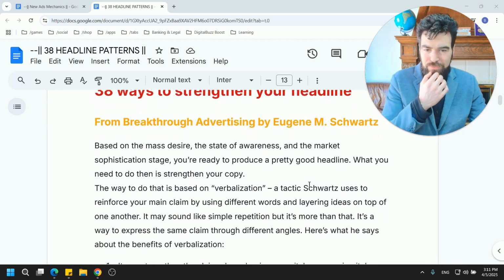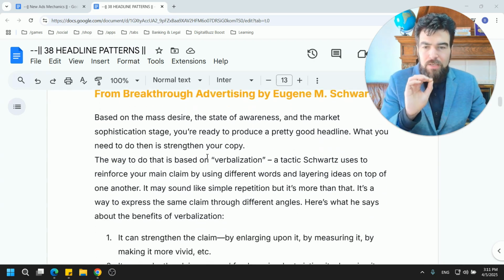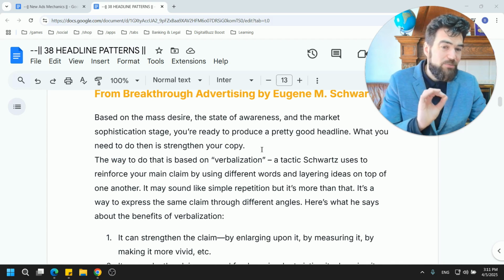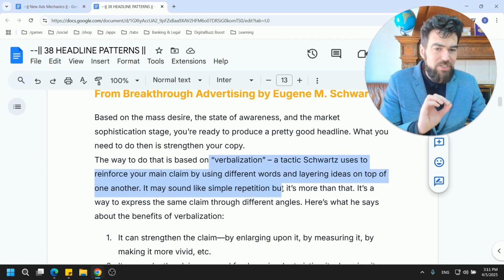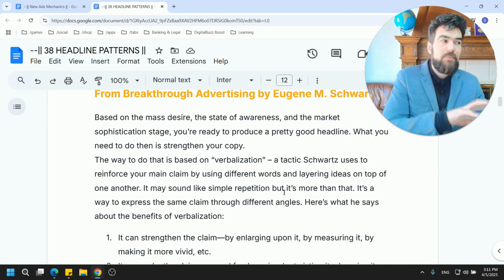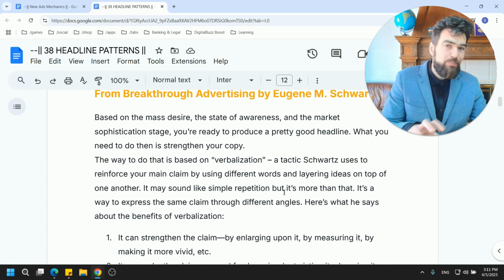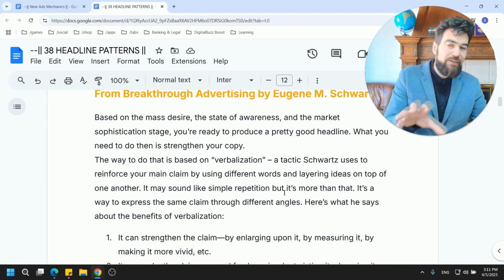So first things first, basically what I just said is what Eugene calls verbalization, and that's by using the fundamental principles and layering the patterns on top of that.